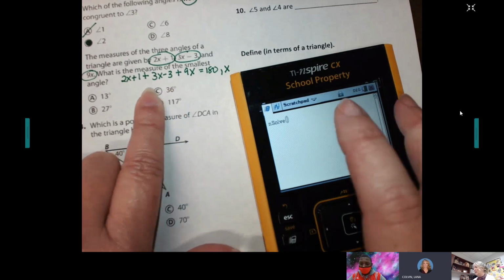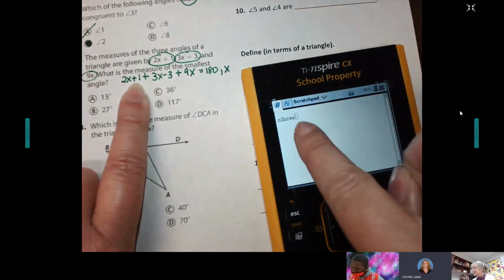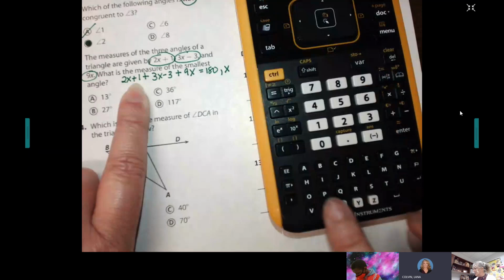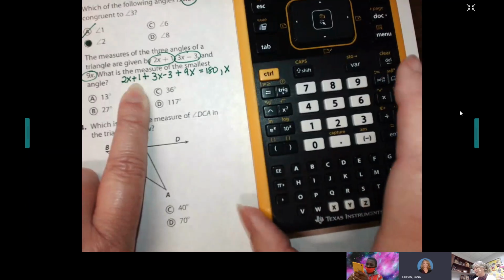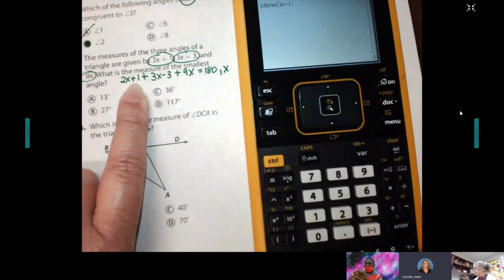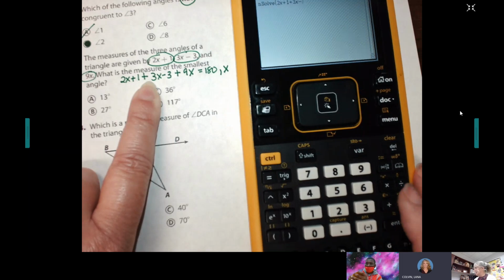Now, we're going to type exactly what I have here inside those parentheses. I'm going to type 2, and then all of your letters are down here. 2x plus 1 plus 3x minus, okay, look at this.